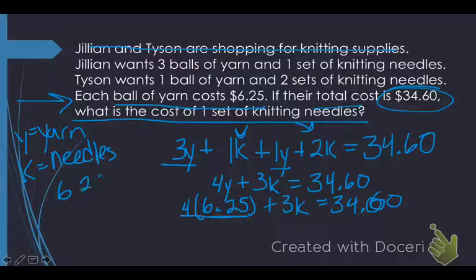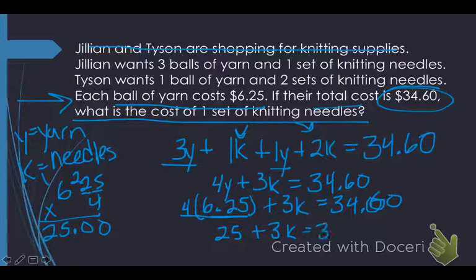So I'm going to do $6.25 times 4. 5 times 4 is 20. 8, 9, 10, 6, 12, 18, 24, 25. 2 decimal places, so this is 25 plus 3K equals $34.60.